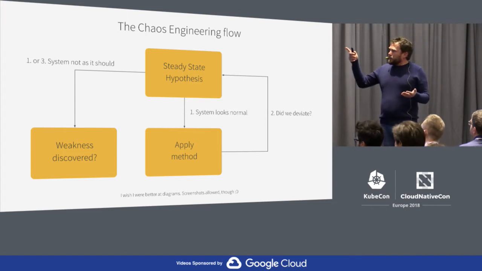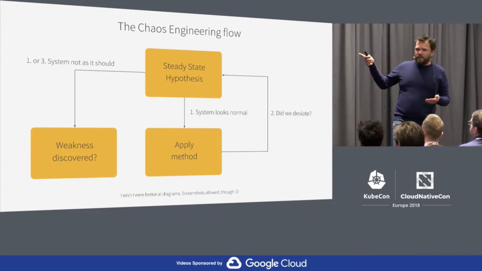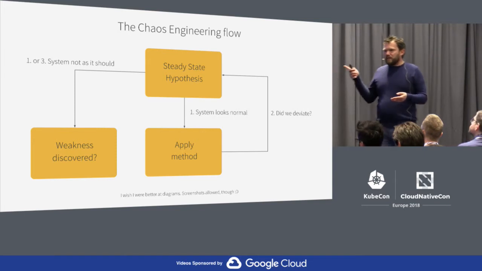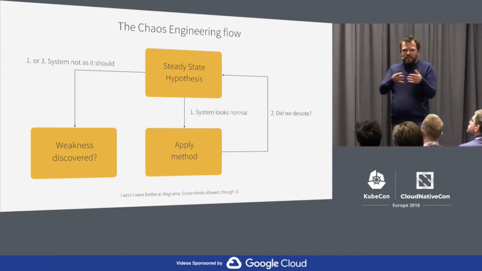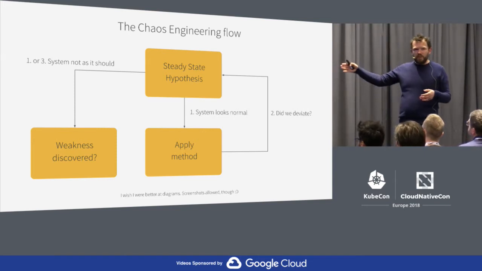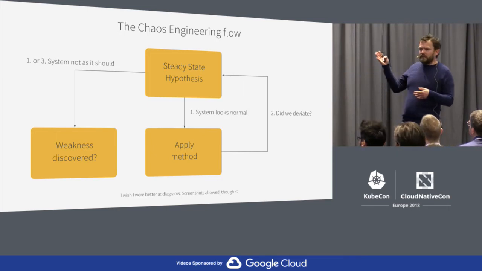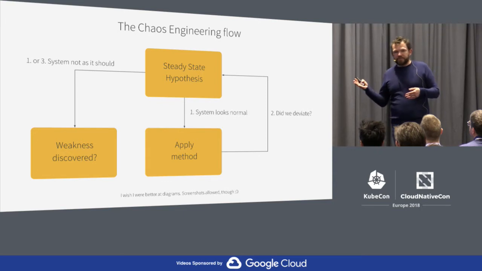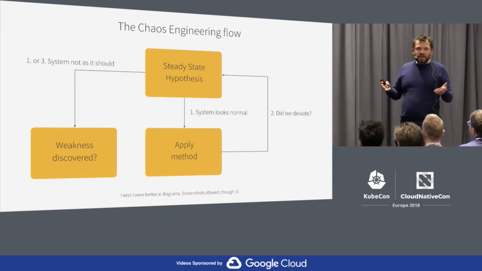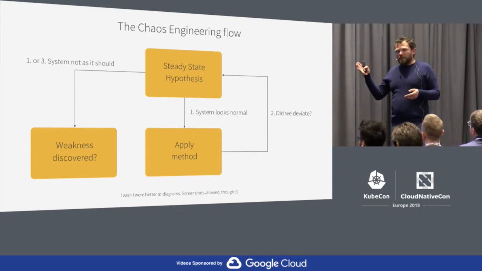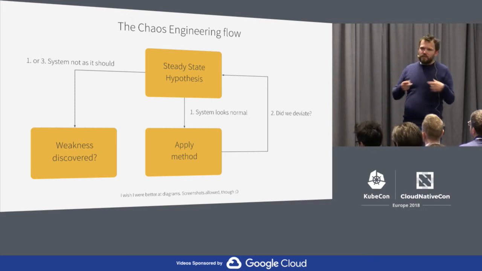Now, if at the end you replay the hypothesis and the steady state is not normal, that means your system has changed based on the conditions you've imposed, then you probably have discovered something. Either your steady state hypothesis is wrong, good, you asked the wrong question, or you asked the right question, but you discovered something. That something now needs to be discussed within the team.